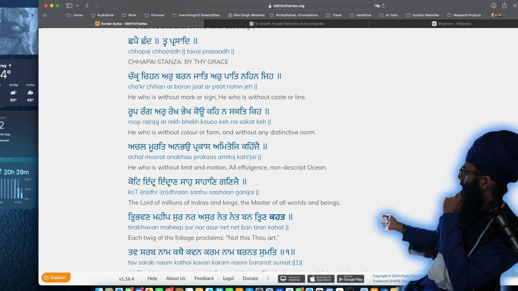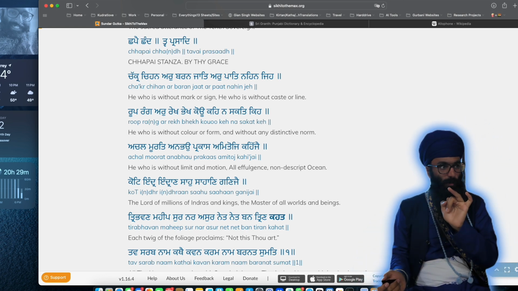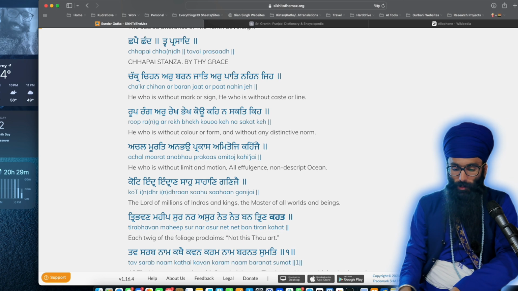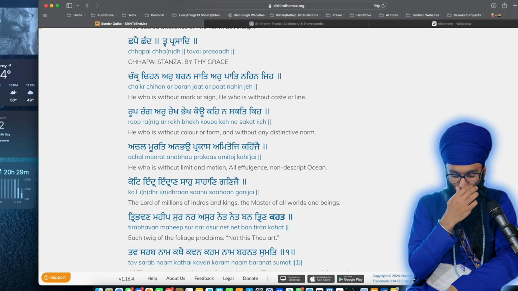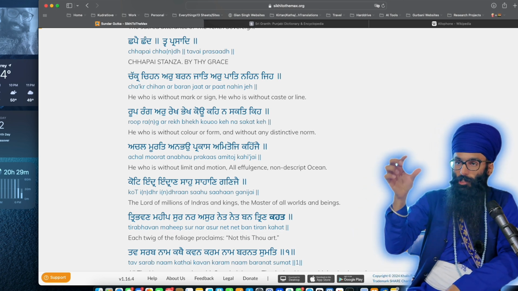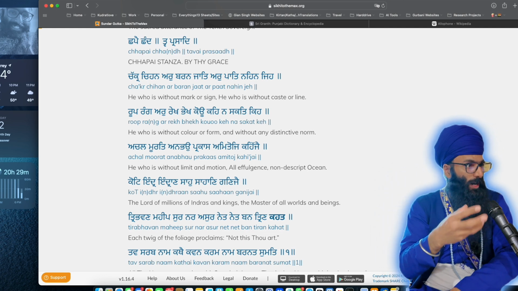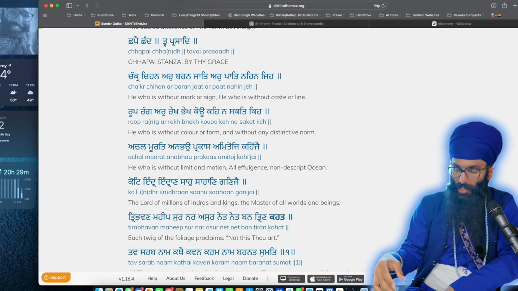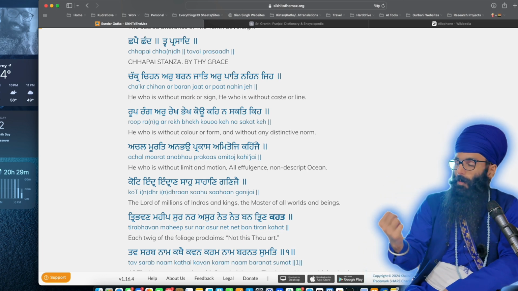Another definition of bantren, kehat. I heard this from someone. What I heard is this. You know when you go into a jungle and you step on a dry leaf, it cracks, right?